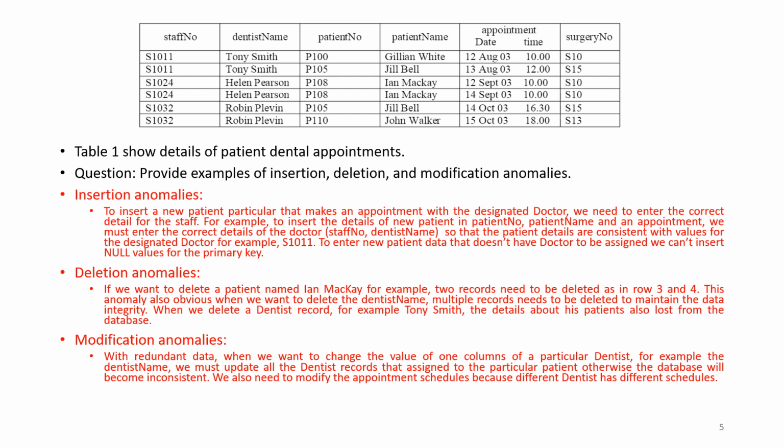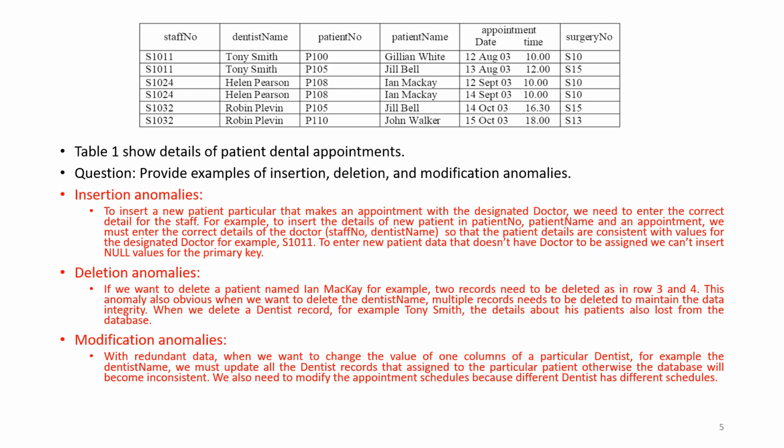Okay, more examples. The table given in the slide is Table 1. Table 1 shows the details of the patient dental appointments with these attributes, and the data records are also provided.